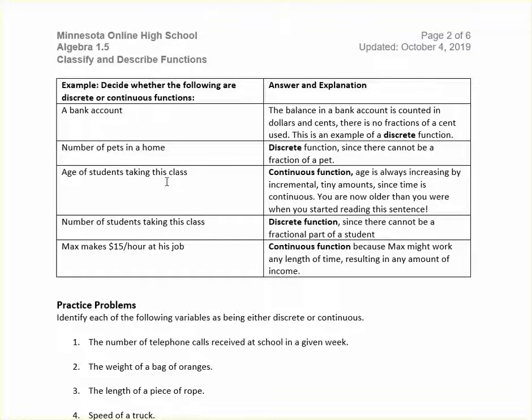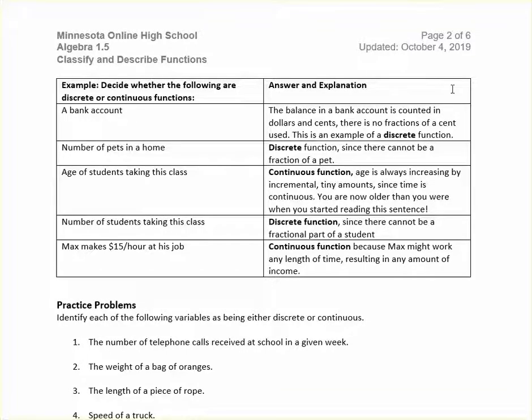Age of students in this class. Age is always increasing. You're always getting a little bit older. So the age is a continuous function. Even if you say a number, like how old are you? I'm 17. You would make this be a continuous function if you were to graph it.